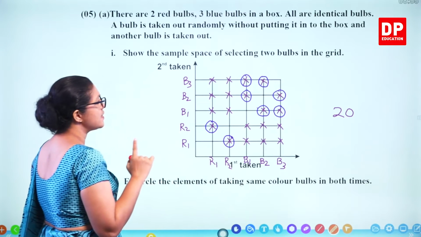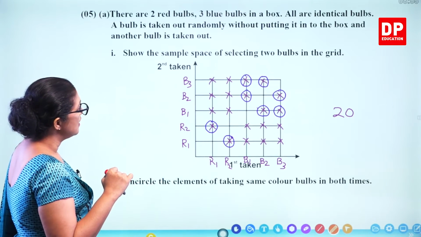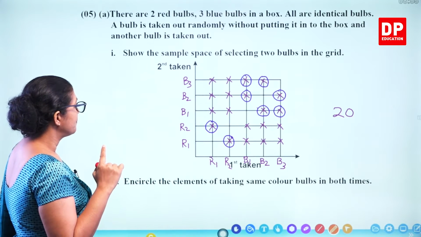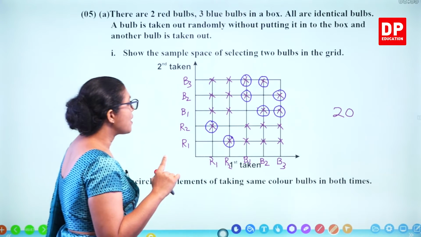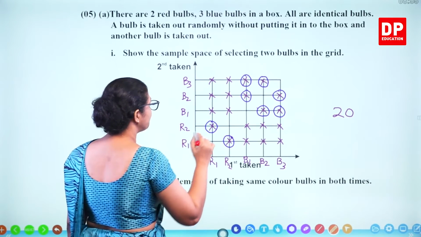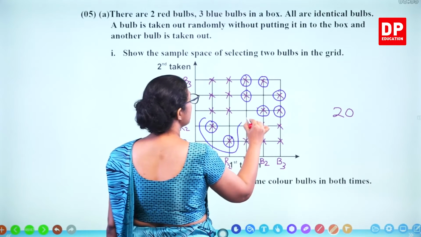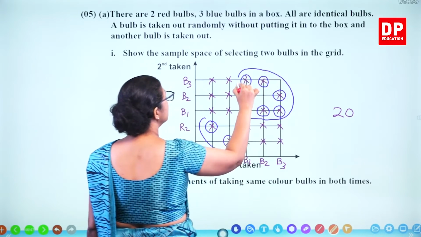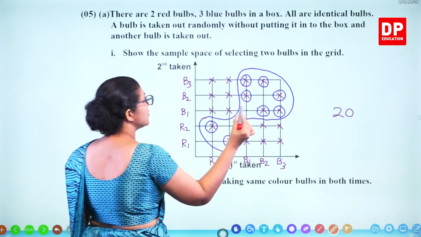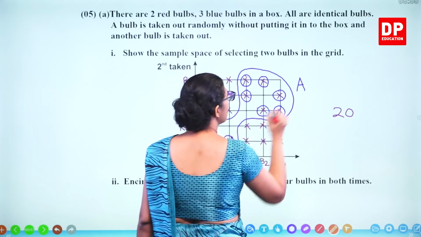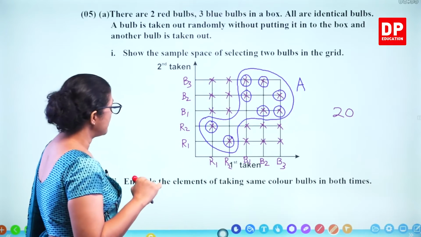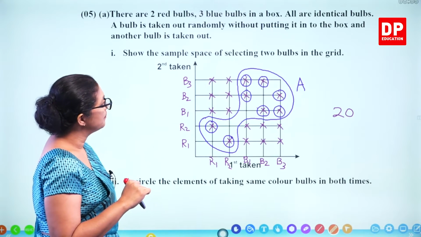So this one we need to circle. So that's the elements of taking same color bulbs. So I can circle like this. So this is A. Encircle elements of taking same color.